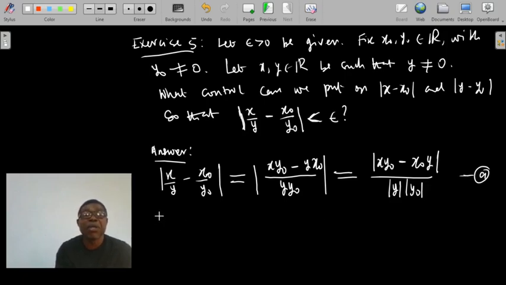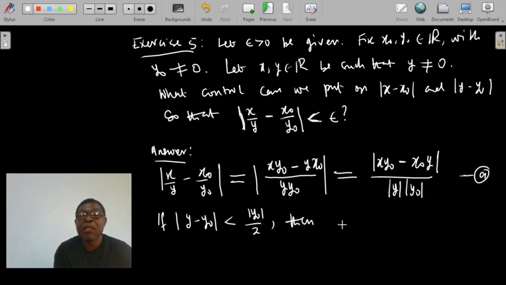So if the absolute value of y minus y naught is less than the absolute value of y naught over 2, as I estimated above, we'll get that the absolute value of y minus the absolute value of y naught will be less than the absolute value of y naught over 2.